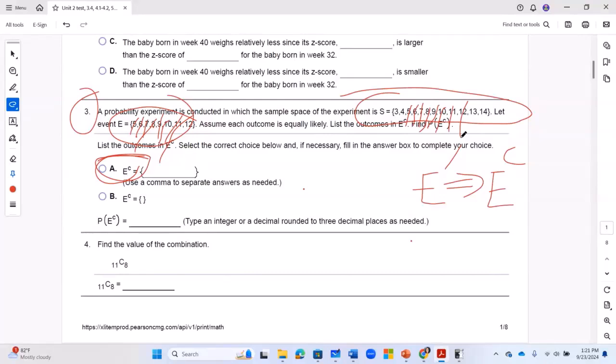E complement are those ones that are not in E, and they are 3, 4, 13, 14. It's very easy. They told us to write numbers that are not in E. That's all. Guess what? This is another question in the test.